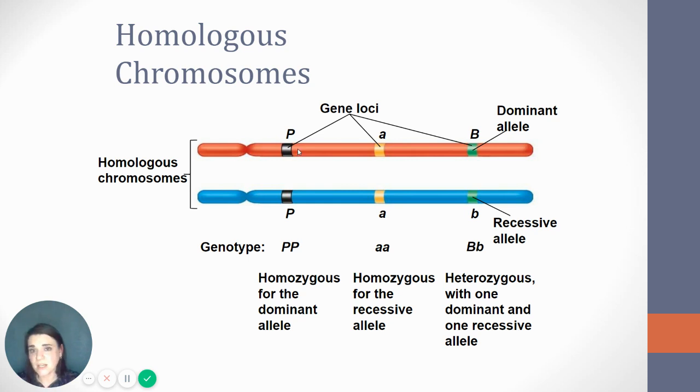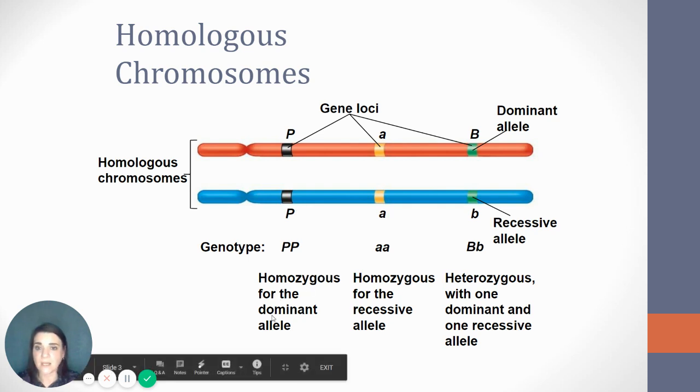So actually, let's pretend this is purple. Because this specific plant has a dominant allele for the purple color on both of its homologous chromosomes, this plant would be purple, and it's homozygous for the dominant allele.